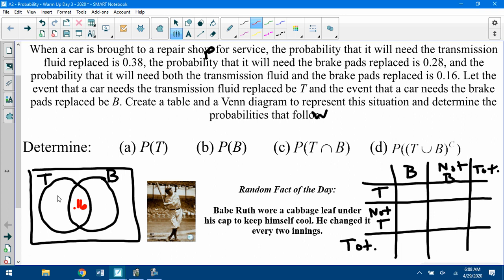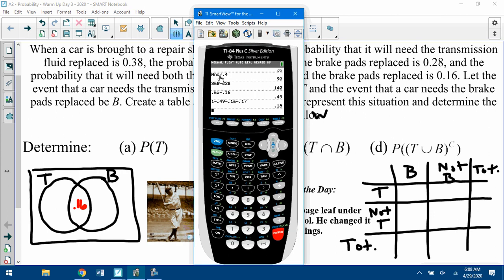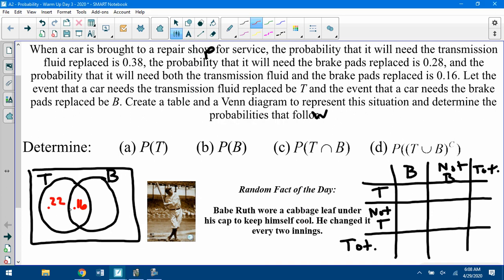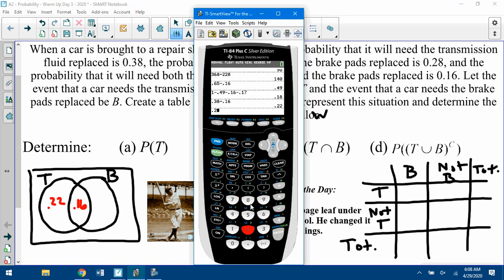So now you can use that to figure out what's left over. Transmission fluid was 0.38. So if I do 0.38 minus the 0.16 that I've already taken into account, this needs to be just 0.22. And similarly, brake pads is 0.28. Take that 0.28 minus the 0.16.